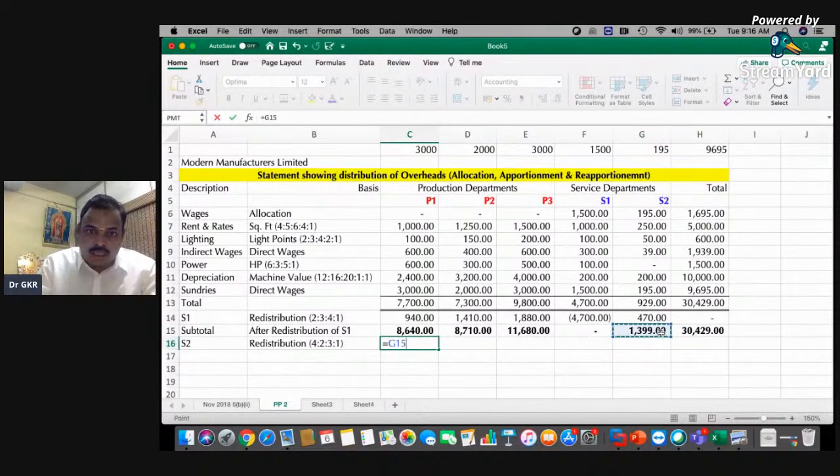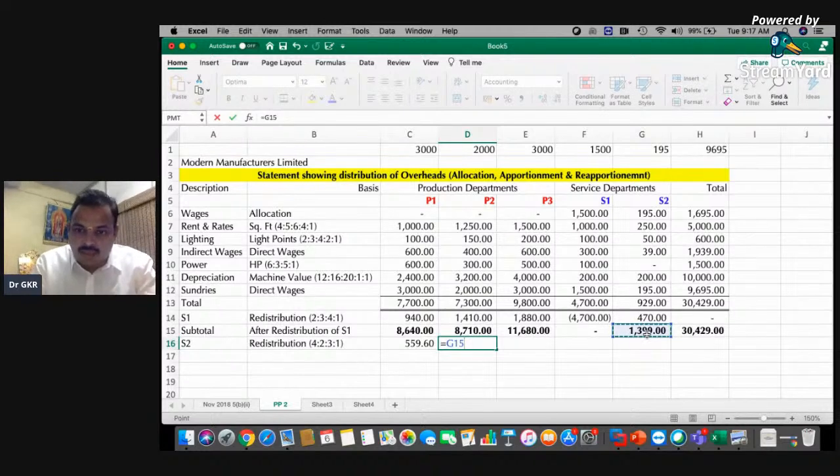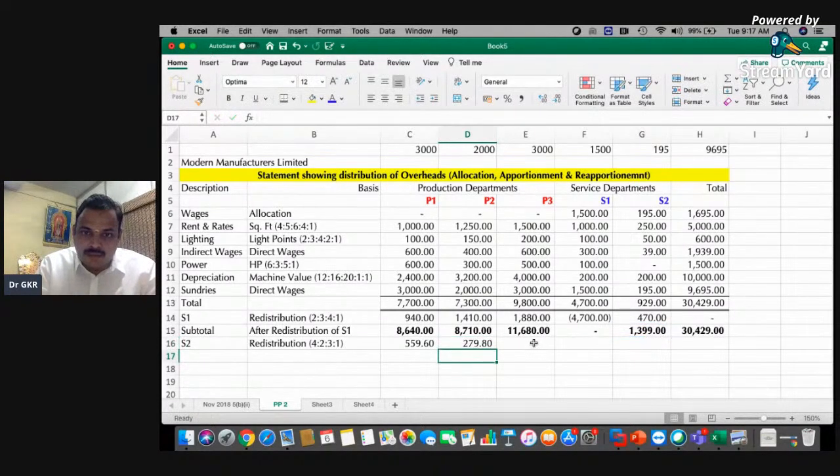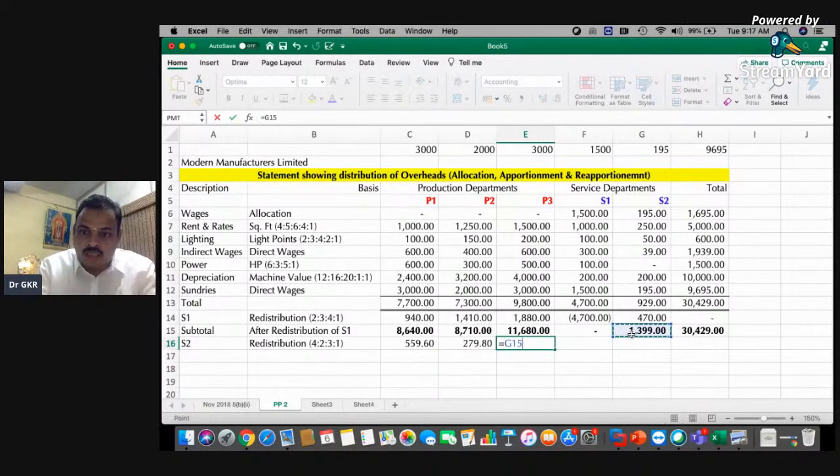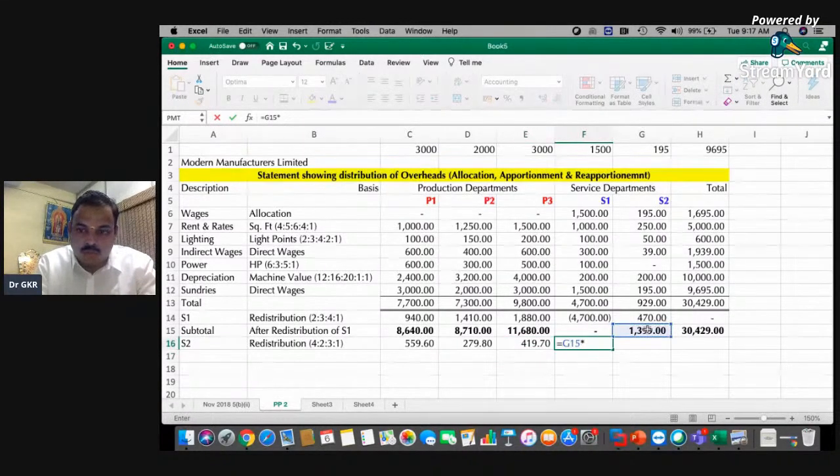So 1,399 into 4 by 10. Similarly, 1,399 into 2 by 10, which is 290. Similarly, 1,399 into 3 by 10 and 1,399 into 1 by 10.